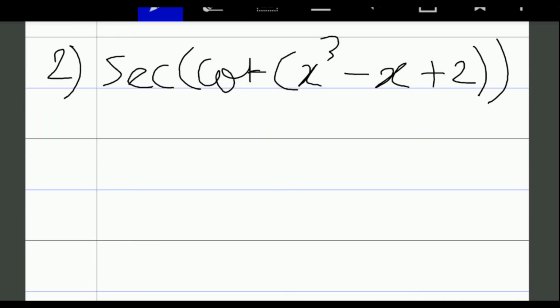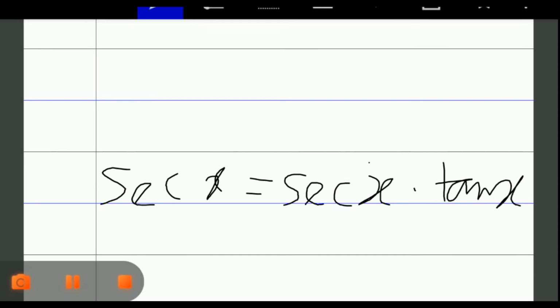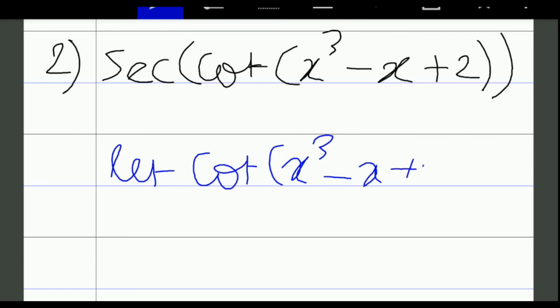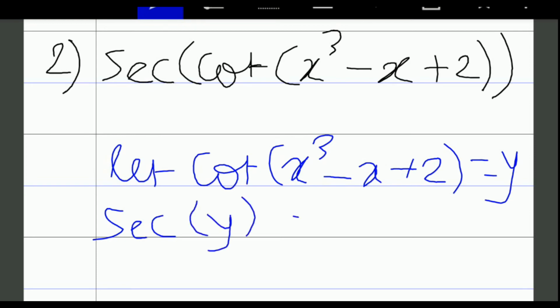Now let's just start. The derivative of sec x, as we know, is sec x into tan x. So let cot of x cube minus x plus 2 equal y. Then the question becomes sec y, and the derivative of sec y is sec y into tan y.